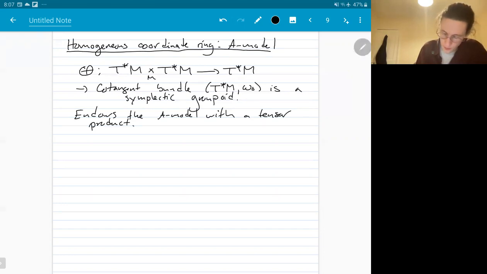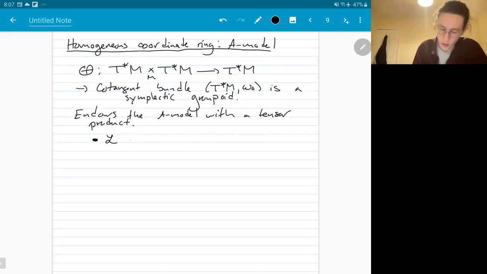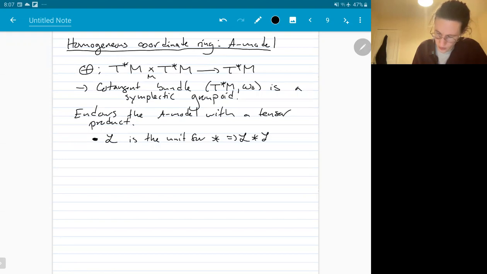So for this A model, remember we had this brane L, which was the zero section, and the zero section, if you add it to anything, it doesn't do anything. So L is the unit for the tensor product. What that means in particular is that if you tensor L with itself, you just get L again. On the other hand, what happens if you take the space filling brane and you tensor it with itself?